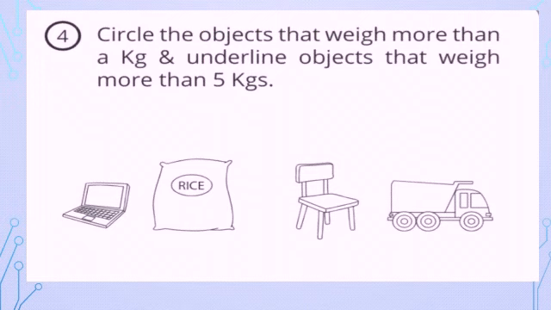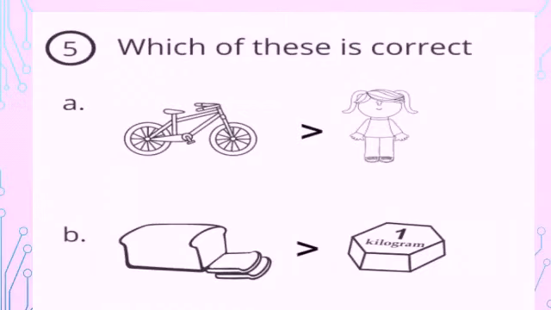You have to give the answer in my comment section. First one is a laptop, second one is a sack of rice, and third one is a chair, and fourth one is a truck. Okay, so you have to give the answer. Which of these is correct? A number option, a cycle is drawn here and a doll is there.